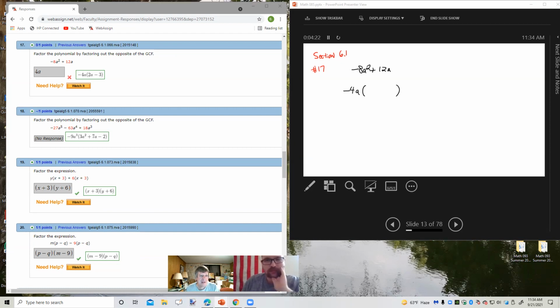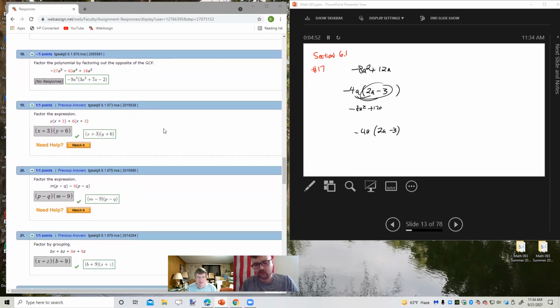But it wants you to factor it out, meaning you still have what's left over. That's why we've still got the 2a minus 3 in parentheses. Is this correct? If I multiply it out, I get negative 8a squared plus 12a, and there's nothing common in here other than a 1. So negative 4a times the quantity 2a minus 3. Any questions on that problem before we go on?